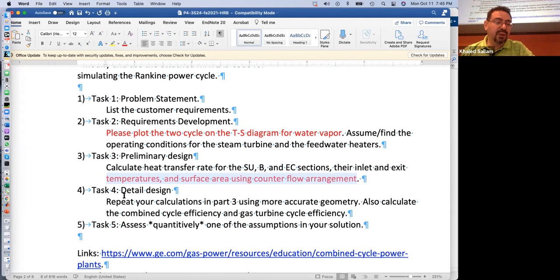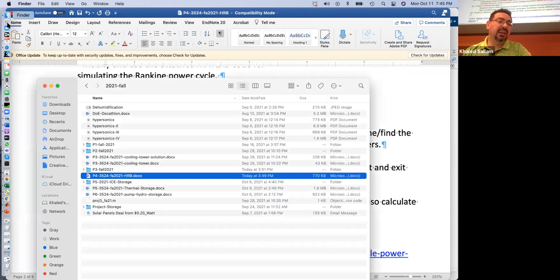But in task 4, in the detailed design, when you want to go a little bit more, you would use more accurate geometry. Is it really counterflow? You need to check in the heat recovery boiler. Is the superheater really in a counterflow configuration or not?